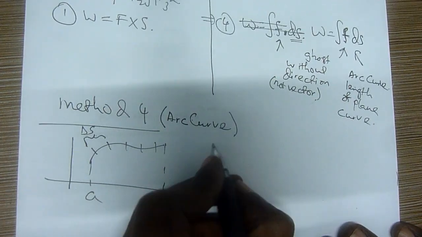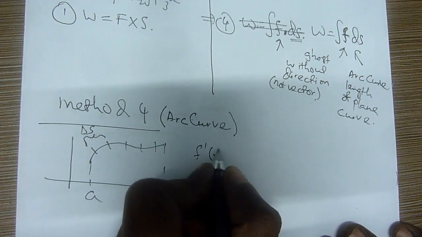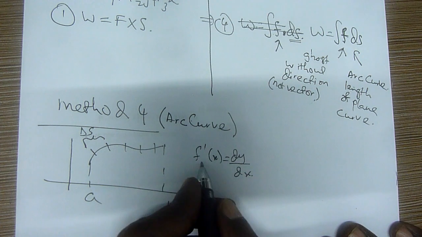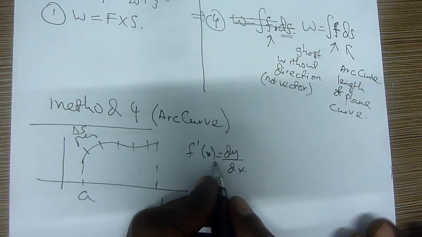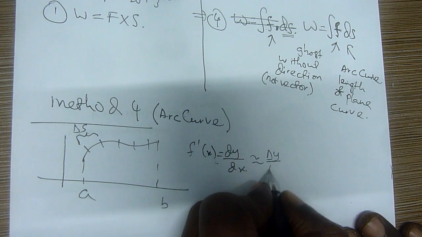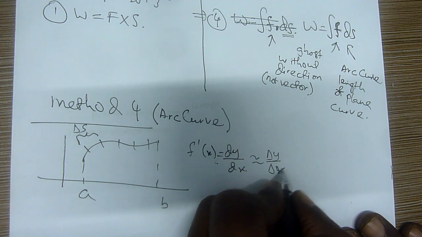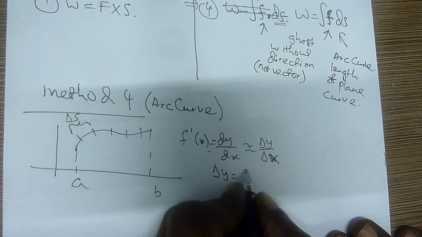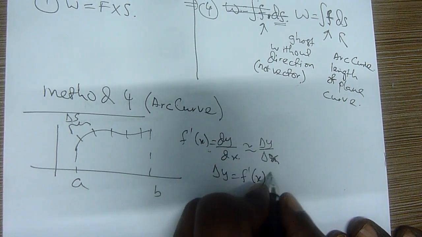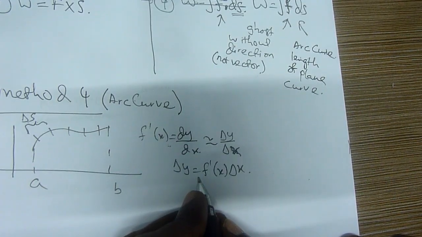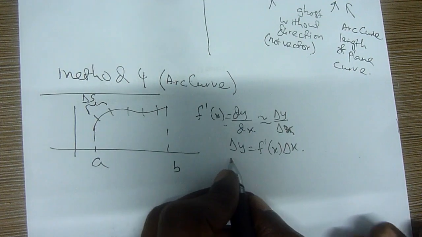And since I already explained this one, the dy dx is referred to f prime x, which basically can be equated to del y over del x, which I'm not going to refer to again. For the simplification, I want you to understand these two processes.